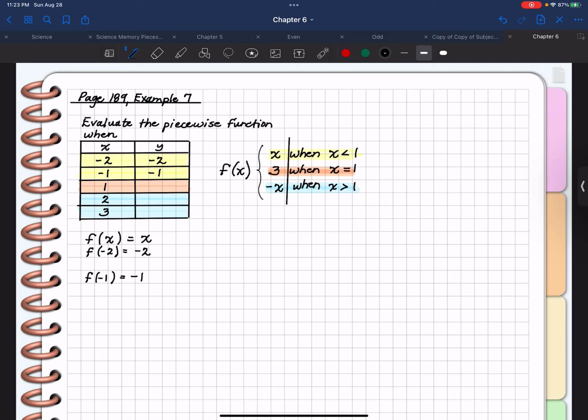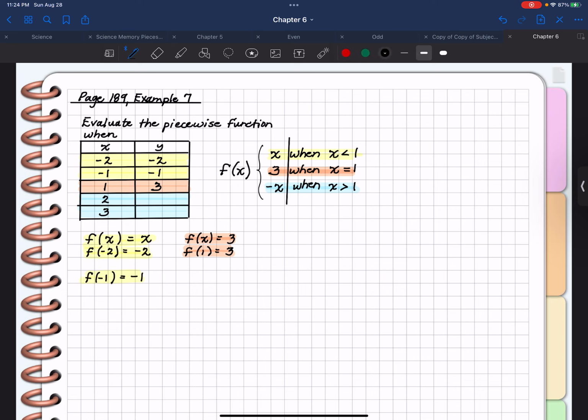Okay, f of x equals 3 when x is exactly 1. So when x is 1, the output is 3. And that's this one. Okay, these are both the first condition.